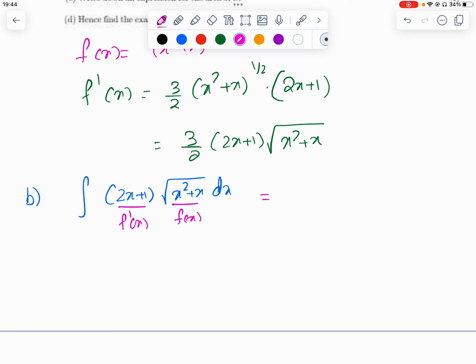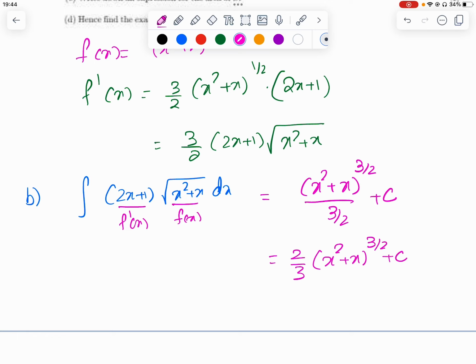So the formula will be f of x whole to the power of n plus 1 upon n plus 1. So (x square plus x) whole to the power of 3 upon 2 upon 3 upon 2 plus c, which becomes 2 upon 3 (x square plus x) whole to the power of 3 upon 2 plus c.